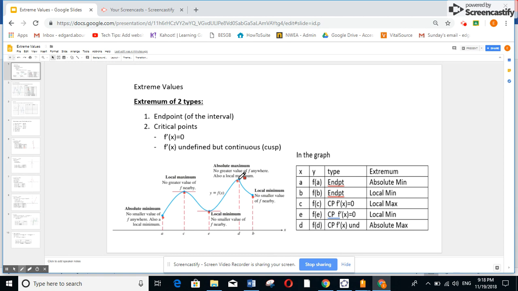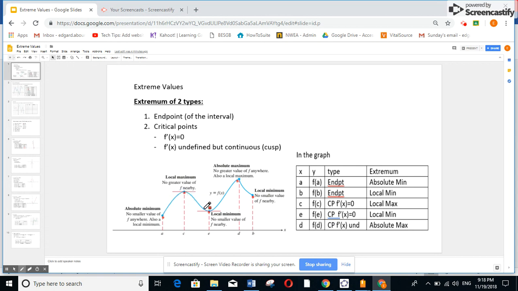So here, if we take this graph, as you can see, I have maxima, minima, as we said, and endpoints. In this graph, we always have two kinds of extremum. The highest point, if it exists, is called the absolute maximum, like that point here. And the least point on the graph, which is here at the endpoint A, is called the absolute minimum.